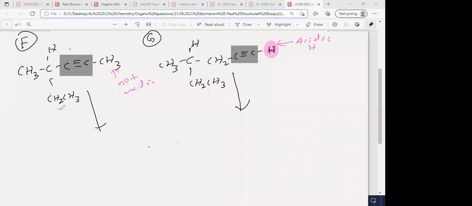What are the other tests that can be used? Others? Look at the chemical reactions of alkynes. Today I'll give you some identification reactions to distinguish these compounds. I'll give you a summary today.